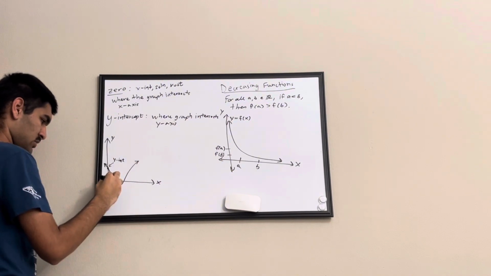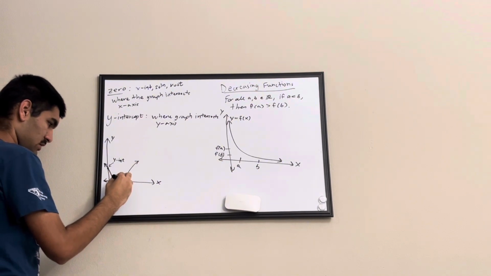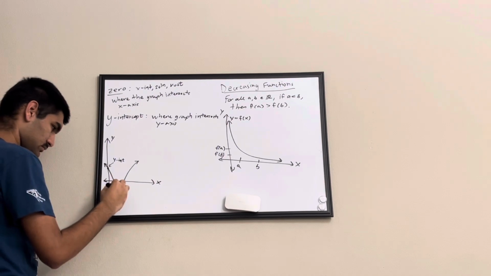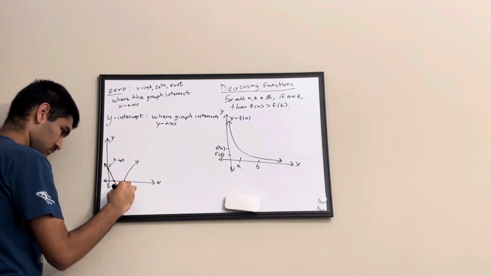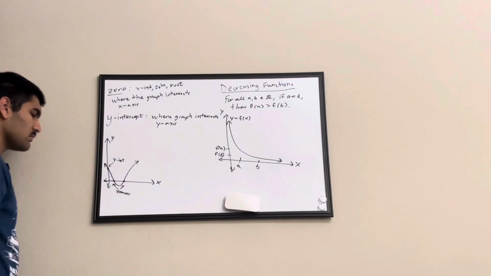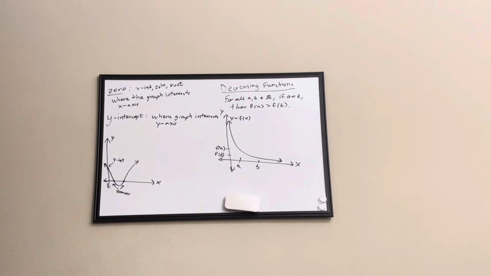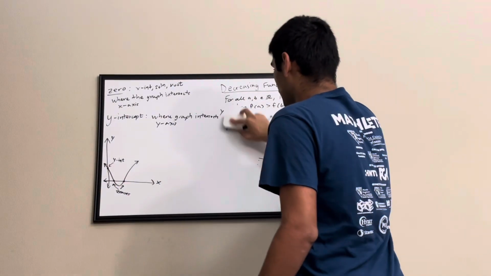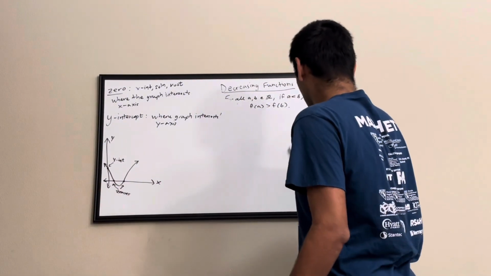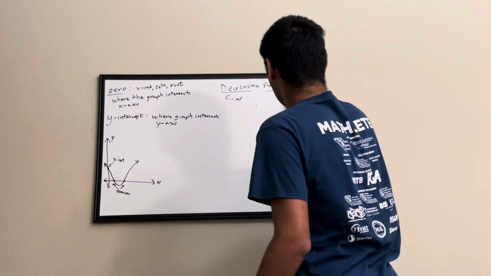And then the x-intercepts, or the zeros, would be right here.